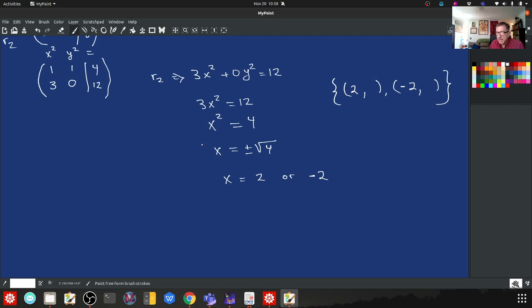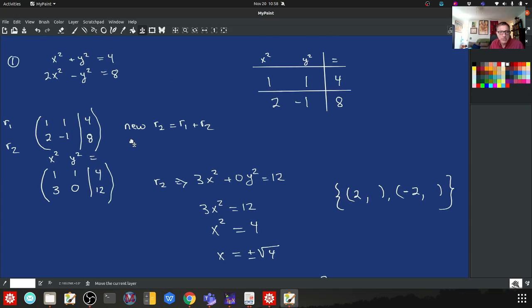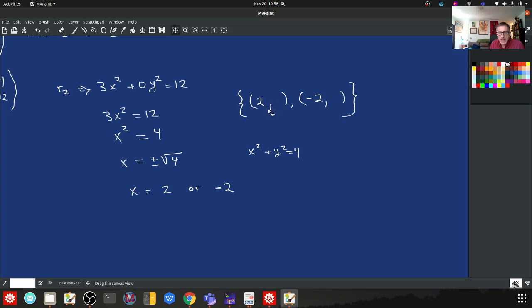In this case, we'll go back up and we can grab any one of the equations and solve. So I'm going to grab equation 1. So equation 1 says x squared plus y squared is equal to 4.